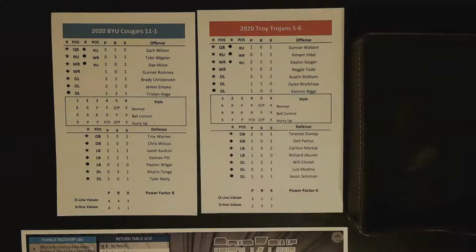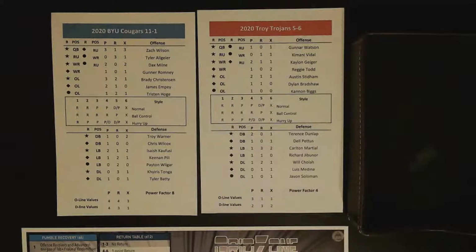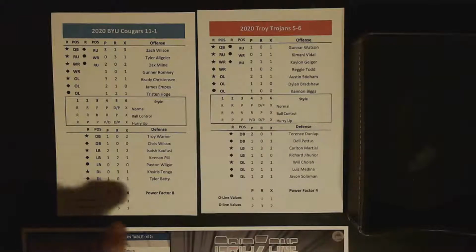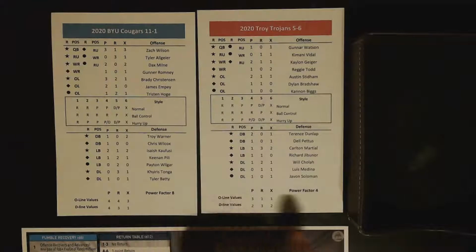So that is the reason I picked these two particular teams. In real life, BYU won this game 48-7, and obviously this is not an exact replication of football, but it should still translate to a comfortable win for the Cougars.